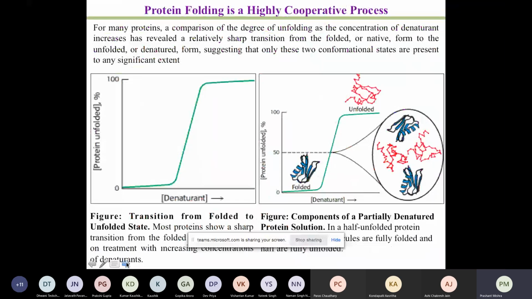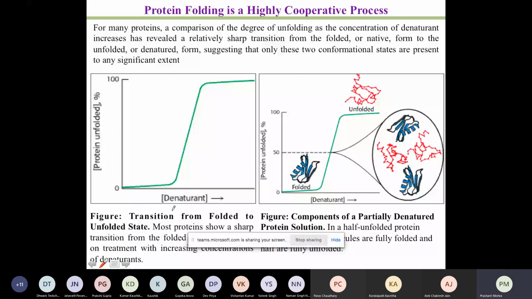Now let us talk about protein folded and unfolded form. The folded form is the native form, and the unfolded form is a non-native or denatured structure. Consider an experiment where a person takes a protein and starts increasing the concentration of a denaturing agent. What is a denaturing agent?